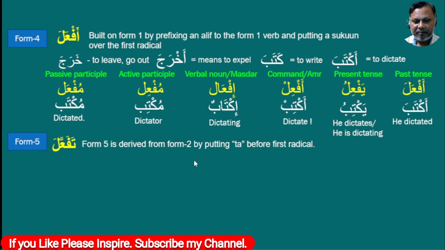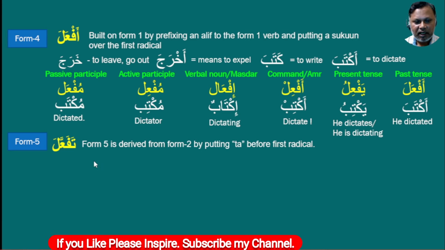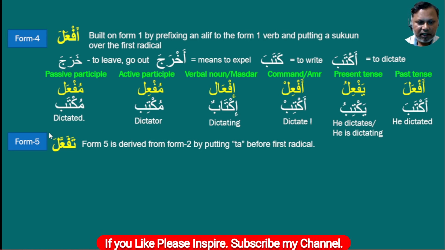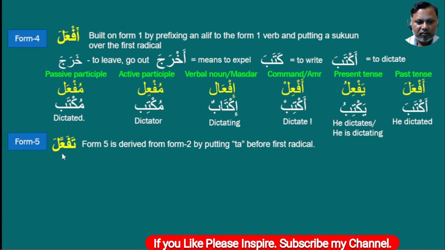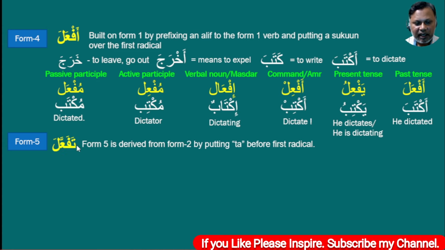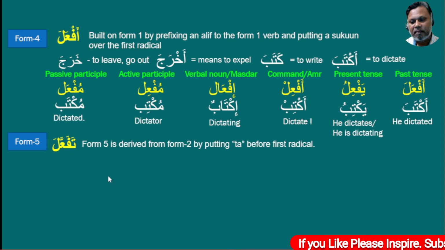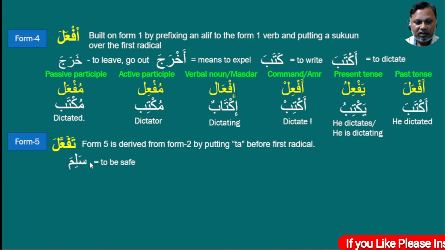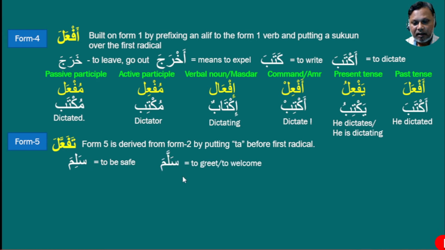Now form 5. Form 5 is tafa'ala. You see, fa'ala is the form 2 verb. If we add ta as a prefix, then we will get tafa'ala, form 5. For example, salima is the form 1 verb, to be safe, and sallama is the form 2 verb, meaning to greet or to welcome, and tasallama means to receive, to surrender.